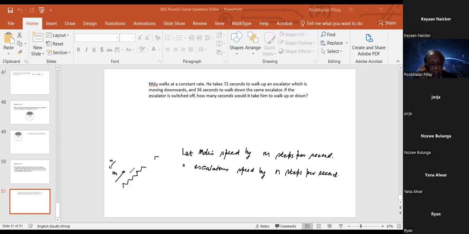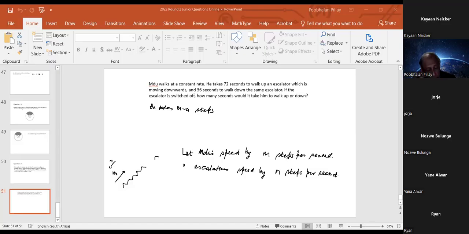So when this thing is going down, the number of steps per second he takes is m minus n steps. When you say speed, m steps, it means when the escalator is standing still, right?